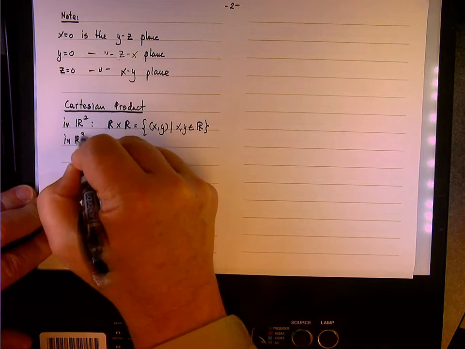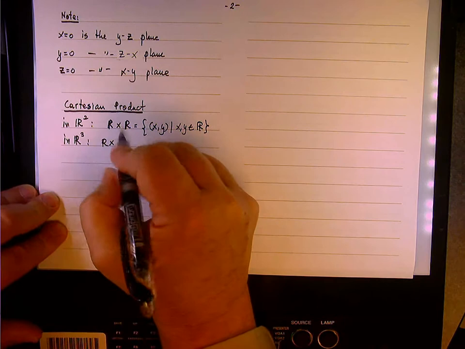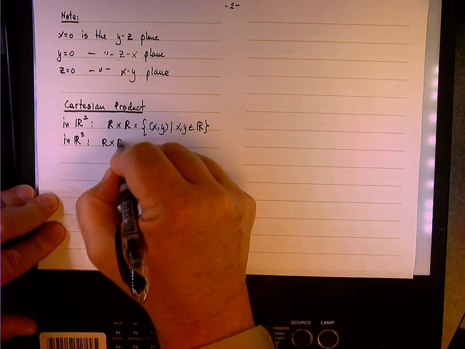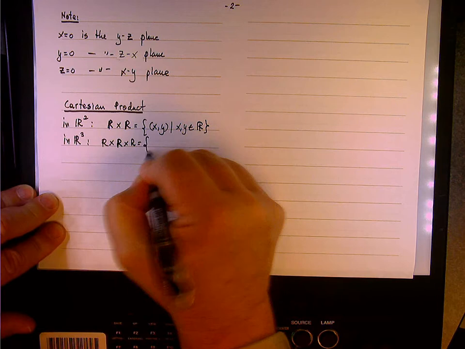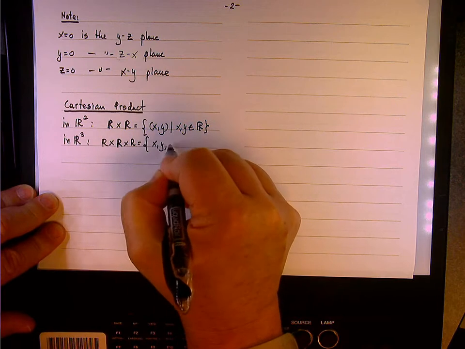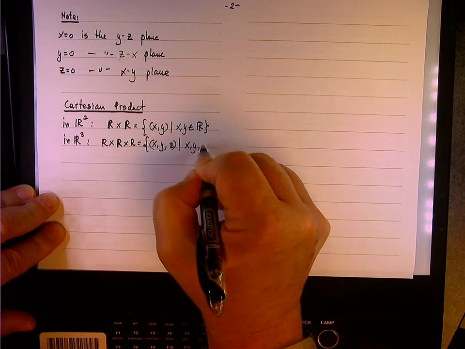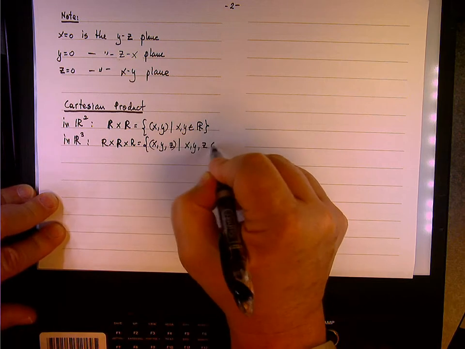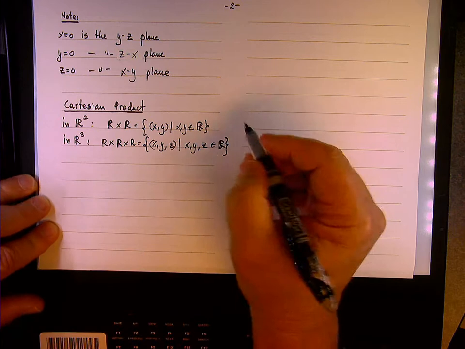In R3, likewise, we're going to have a Cartesian triple product. So we're going to write it like so. And this will be the set of all points x, y, z, such that x, y, z are real numbers.